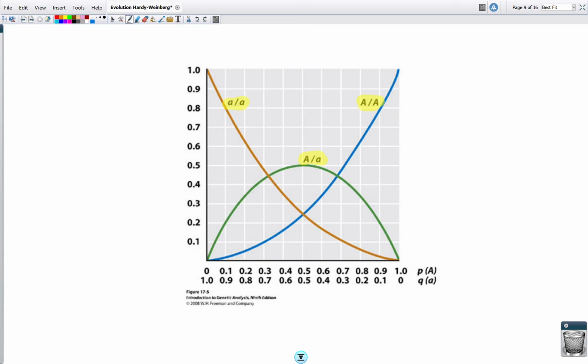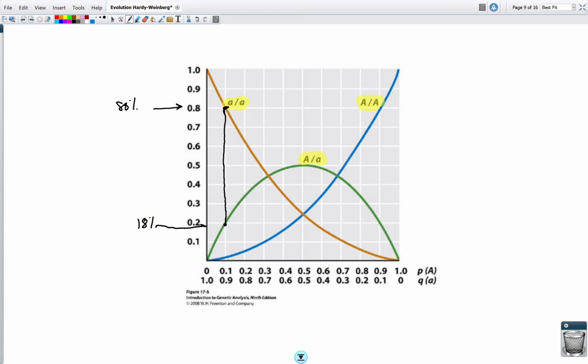If I take my little a population right here at 0.8, this means 80% of my population is little a. And I follow this line down, and excuse my line for not being perfectly straight, but I go right to here, and I see my heterozygotes make up about 18% of the population.